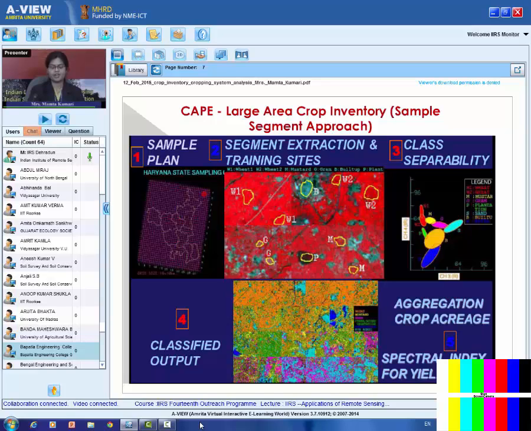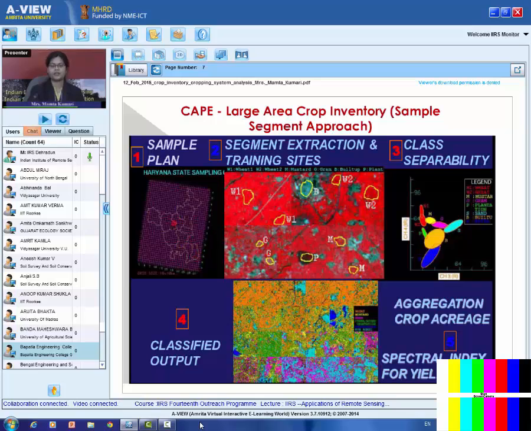Strata are nothing but groups of homogeneous population. These are formed based on agroclimate or agrophysical basis, or crop vigor basis, or crop density basis.